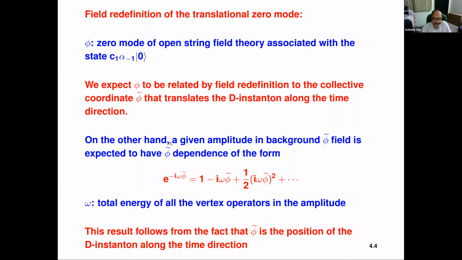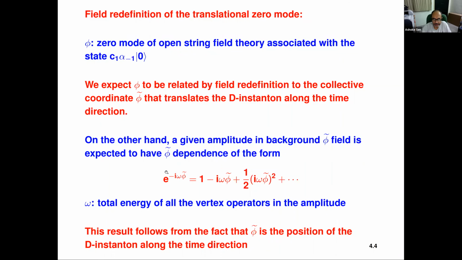Now, on the other hand, if we take any amplitude in some background phi tilde field, what do you mean by background phi tilde field? Background phi tilde field means that the D-instanton is placed not at x equal to 0 but at x equal to phi tilde. And in this case, it's easy to convince yourself that the phi tilde dependence of the amplitude will have the form of e to the minus i omega phi tilde, where omega is the total energy that is carried by all the vortex operators.